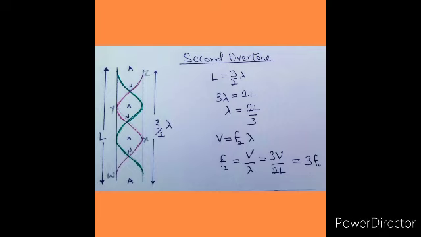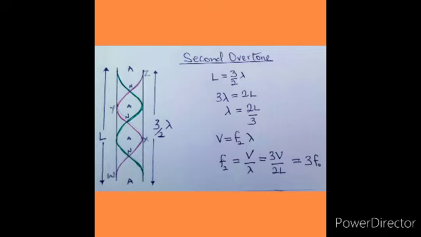Alternatively, the distance from W to Y is equal to 1 wavelength, and from Y to Z is half of a wavelength. So 1 plus 1 over 2 gives us 3 over 2 wavelengths. So the length of the air column is equal to 3 lambda over 2.